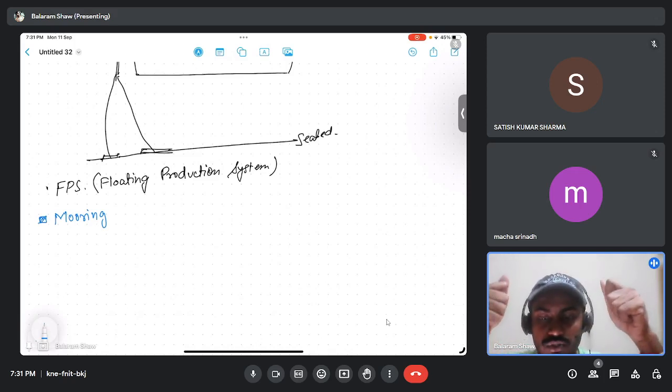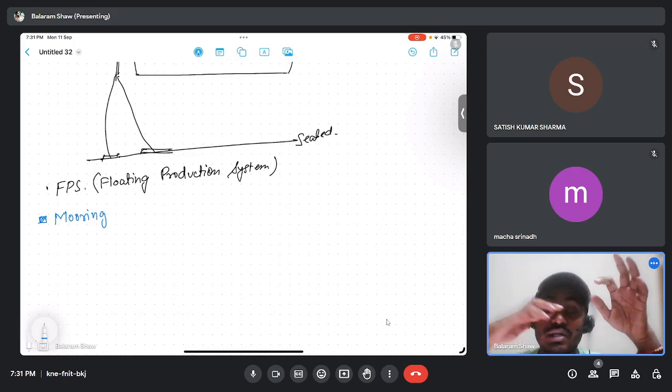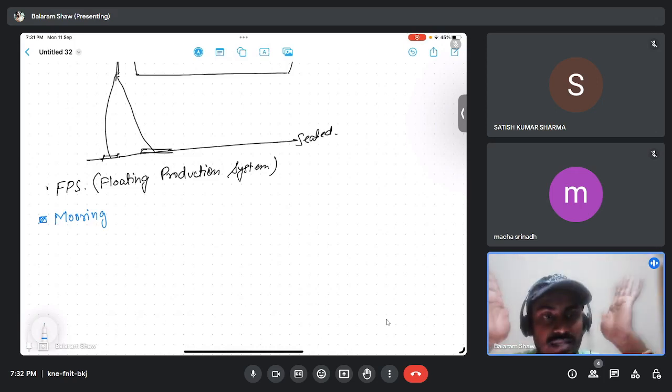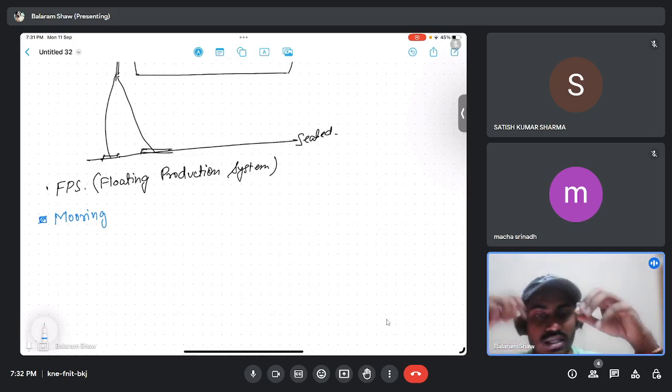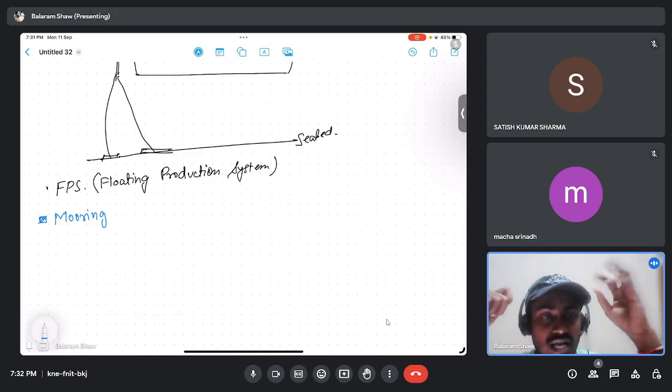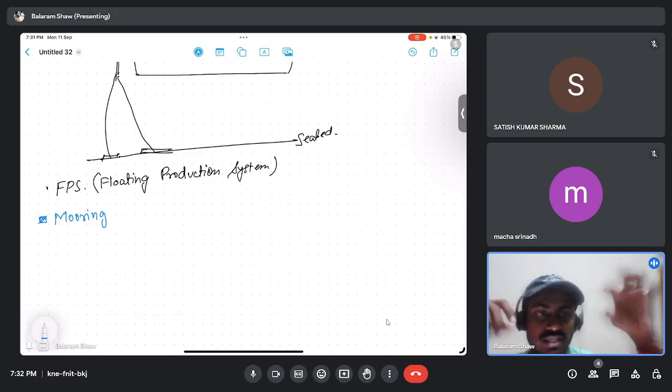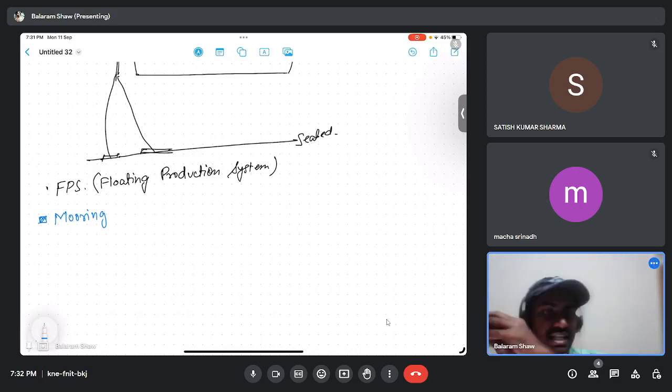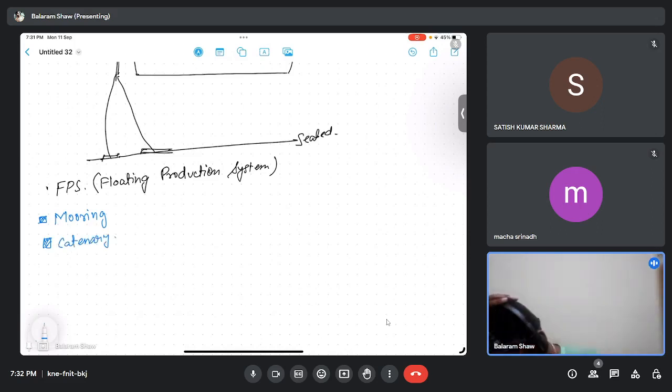Let us say some permanent structure is there, and to it the vessel will be secured with anchors. That is called mooring. Then we have catenary, which we also have to discuss, and taut support.